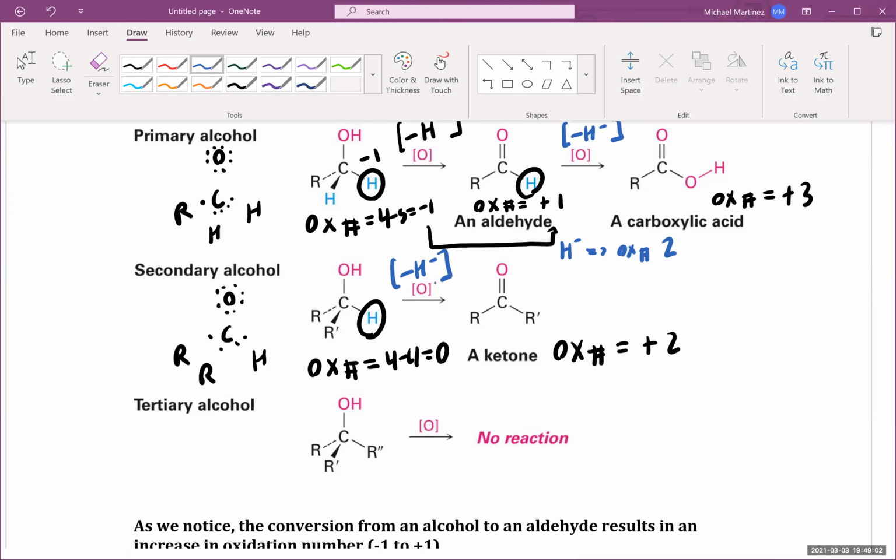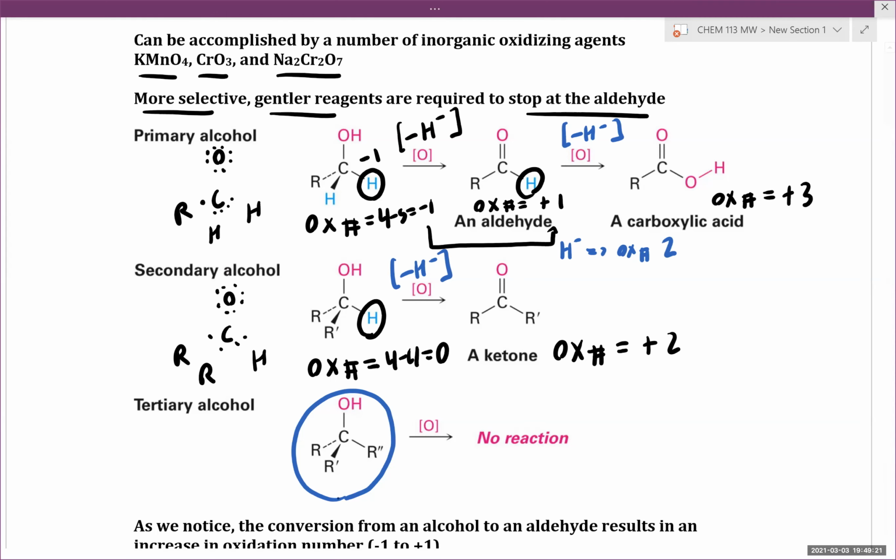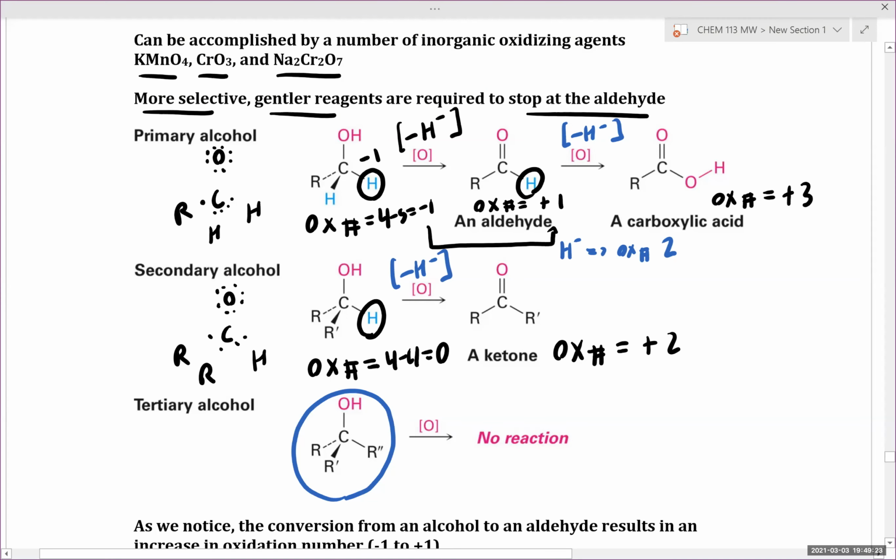Now, the reason why I think about oxidation as abstraction or removal of a hydride equivalent is because when we have a tertiary alcohol, does this tertiary alcohol have any hydride equivalents that could be removed? Are there any hydrogens attached to the alcohol carbon?